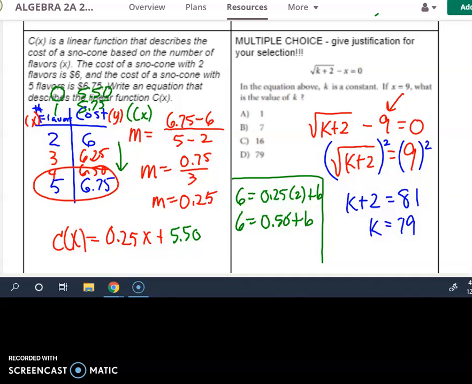So 25 cents times 2 is 50 cents. Subtract the 50 cents from both sides, and the b value would be $5.50. So 2 different ways of approaching it. Sometimes if you're really close to 0, such as we started with the table at 2, just backing the table up to 0 might be just as fast as doing the substitution method.